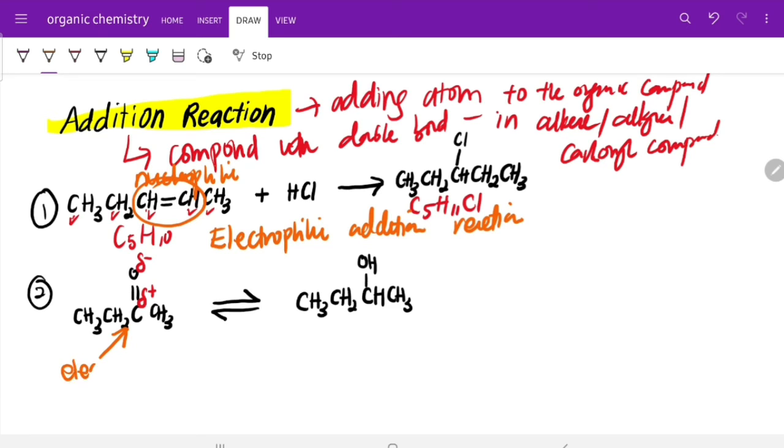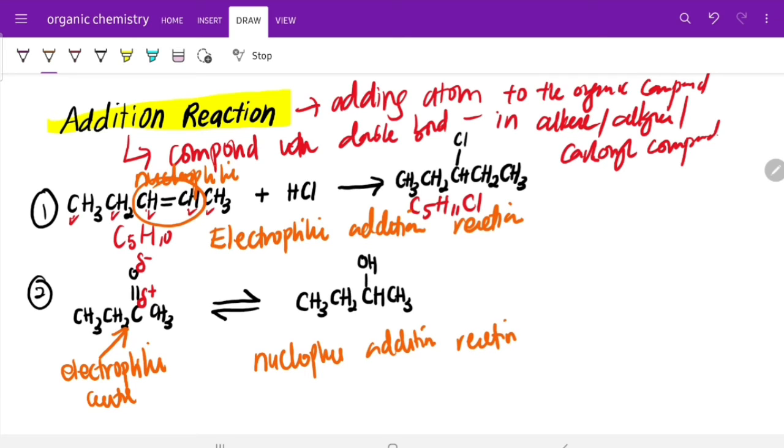We name it as electrophilic center. For this addition reaction at C double bond O, it will attract the opposite molecule, which is a nucleophile. So this one is a nucleophilic addition reaction.